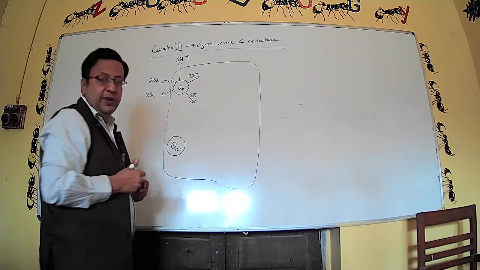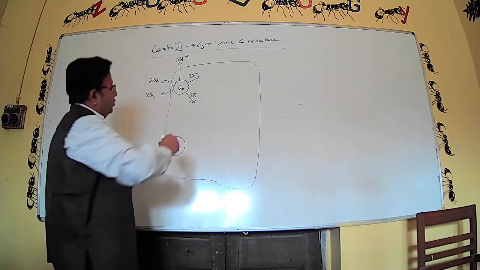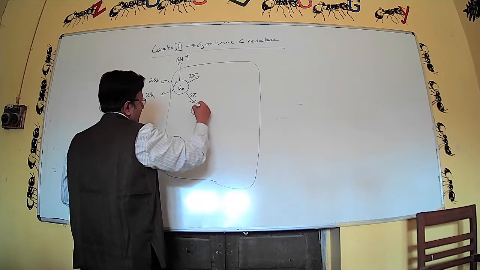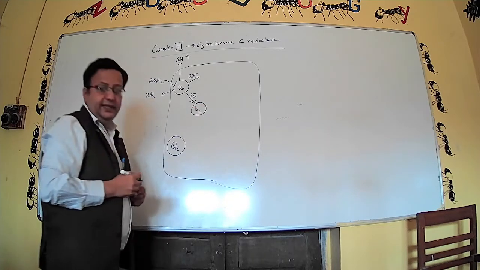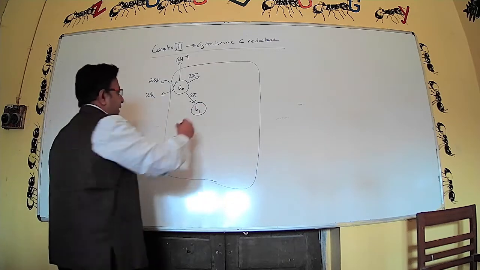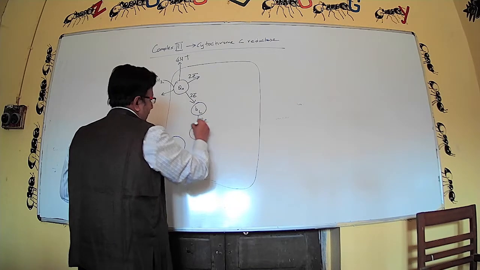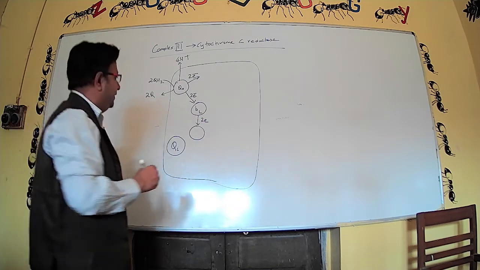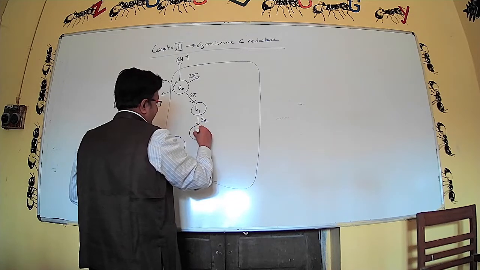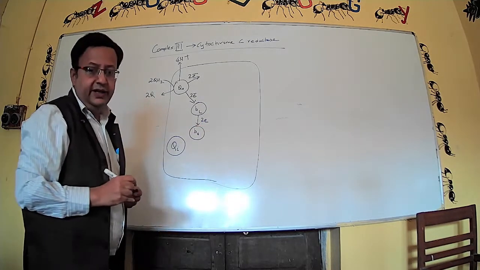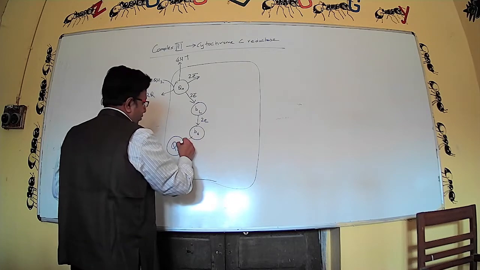Let's see the lower pathway. This will go to a center known as the BL center, iron center. Again, the two electrons will go to a BH center, iron. From there, the two electrons will go to the Qi center.